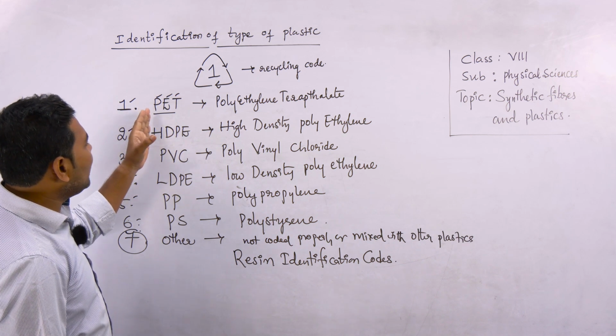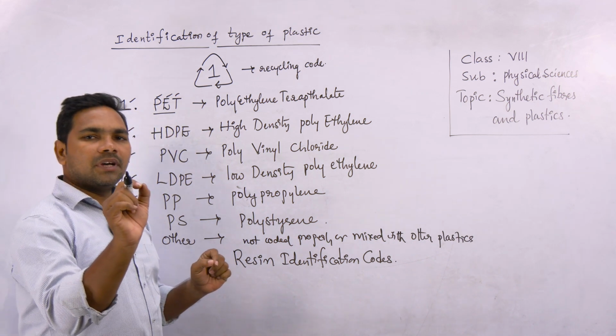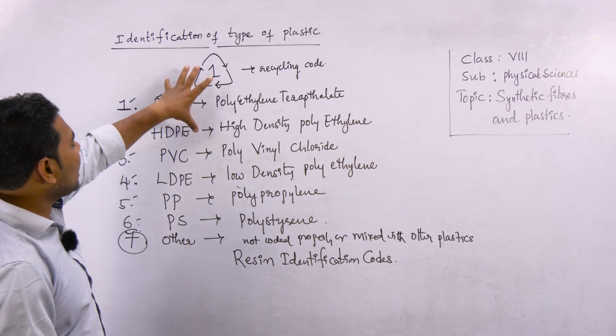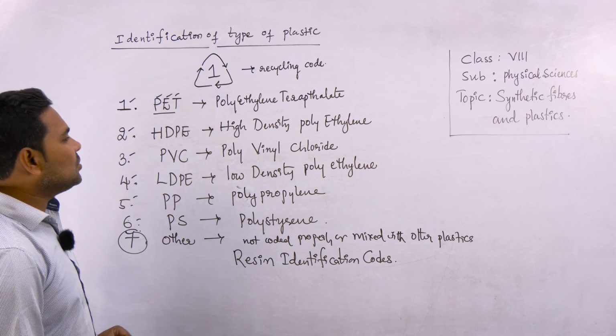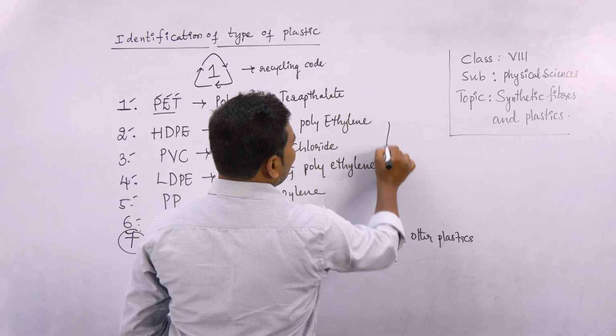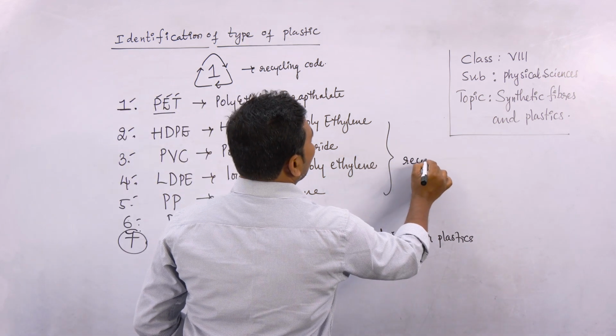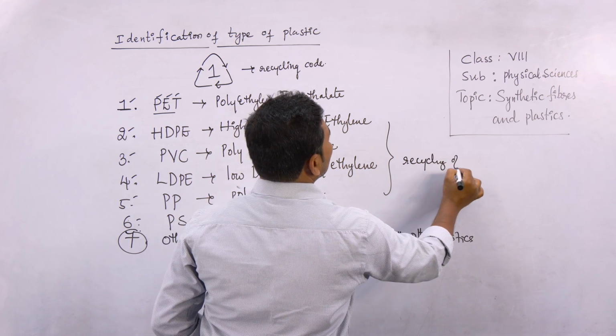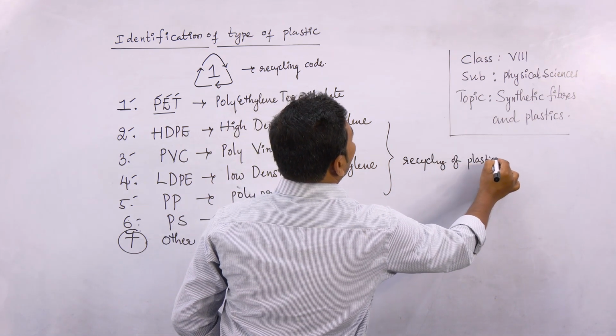And this identification, this numbering, mentioning this type of code on plastic items is generally useful while recycling the plastic. During the recycling of plastics, these codes are used. How are they used?